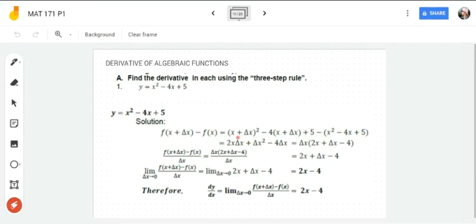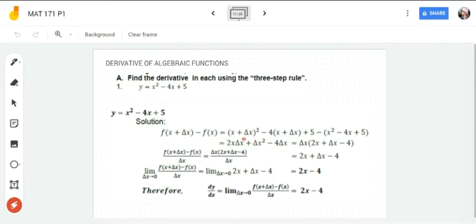So the remaining will be 2x delta x plus delta x squared, okay, minus 4x, which will be cancelled out with this positive 4x, minus 4 delta x. Okay, and then plus 5 and minus 5 will cancel out. So the remaining will be 2x delta x plus delta x squared minus 4 delta x.